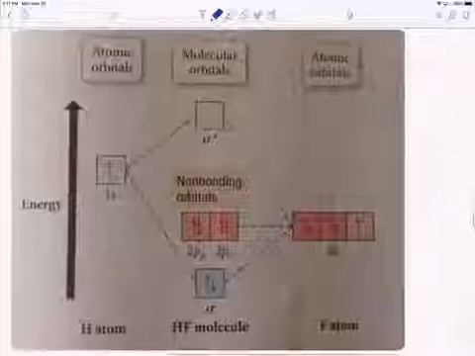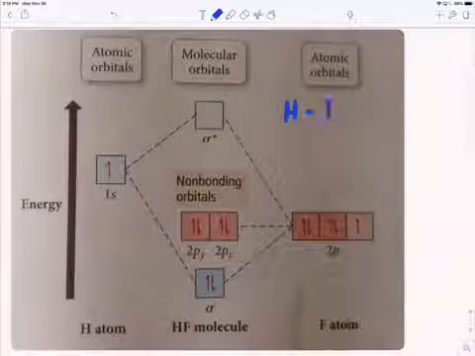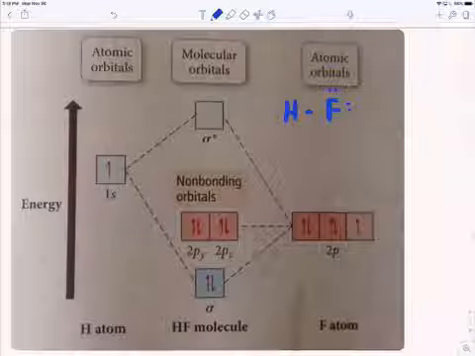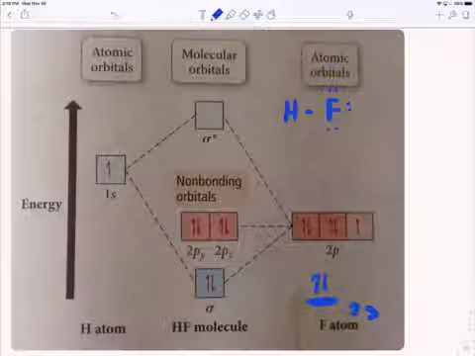Now, what about here? Here's hydrofluoric acid, and this is what Lewis theory predicts. With the hydrogen, fluorine has 3 lone pairs. Underneath here is the 2s.